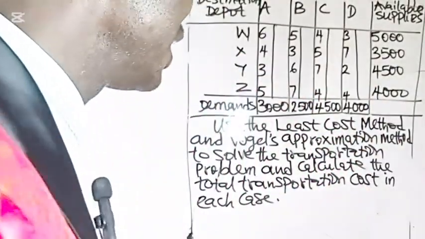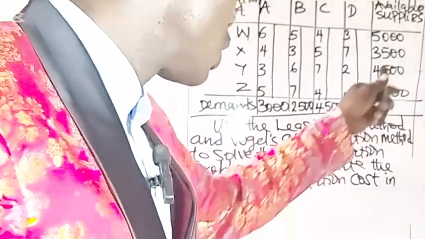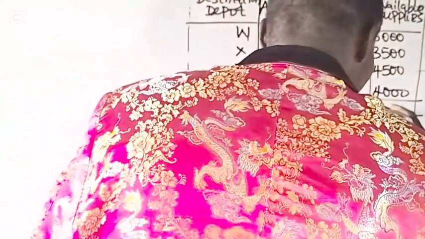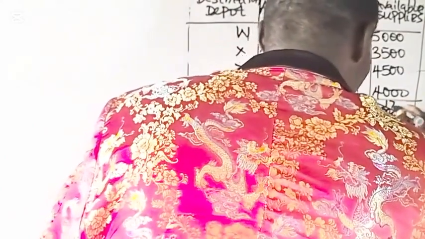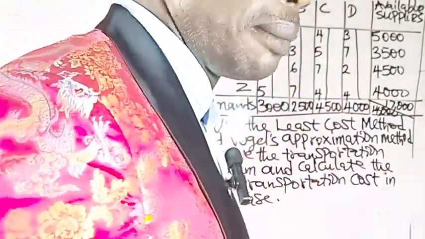So the supply is 17,000. Demand is 14,000. Supply is 17,000. You can see that the supply is greater than demand.